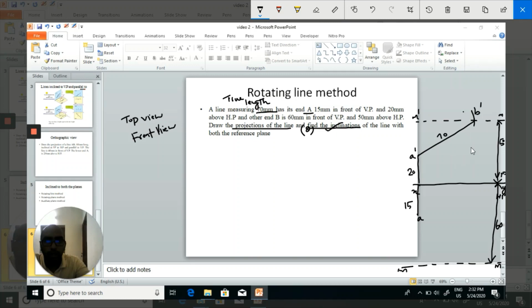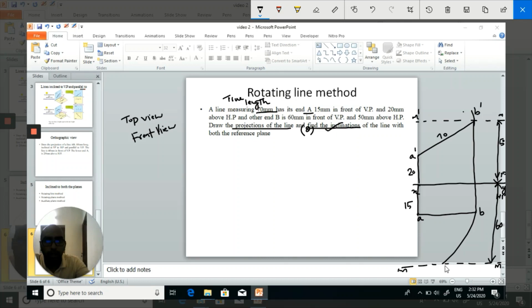Now from B dash draw a projector downward. Then it should meet the horizontal line from point A. Let this point be B. Now taking A as the center and AB as the radius, draw an arc.